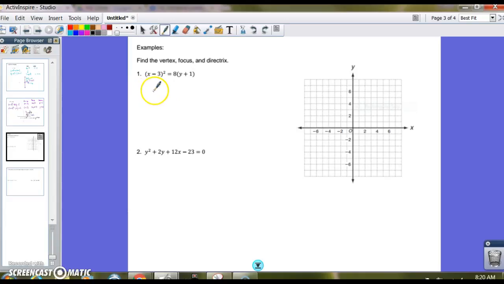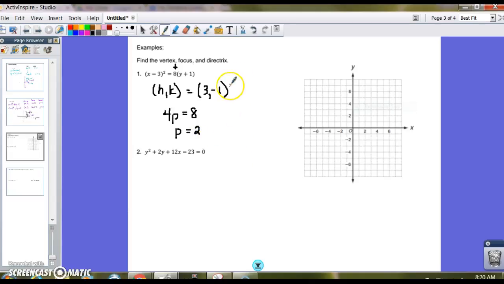So our vertex, or our (h, k), is going to be at (3, negative 1). I know that what's in front here, that's 8, that's my 4p. So 4p is 8, which means that my p value is 2.